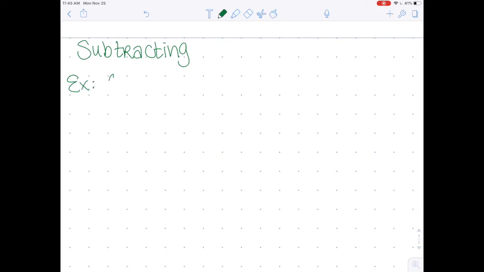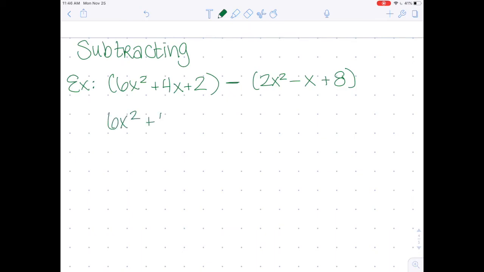We've got 6x squared plus 4x plus 2, and we are going to subtract the polynomial 2x squared minus x plus 8. Okay, again, you could look at it horizontally and try to combine like terms. I like to stack them up, so I'm going to stick to that. I think it's easier to see. So we've got 6x squared plus 4x plus 2, and we are subtracting 2x squared, negative x, and 8.